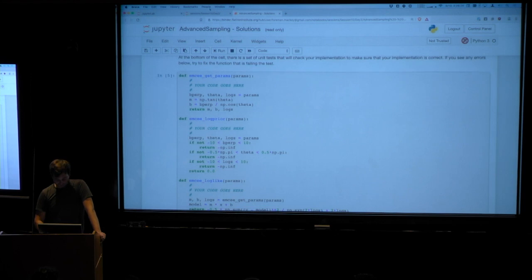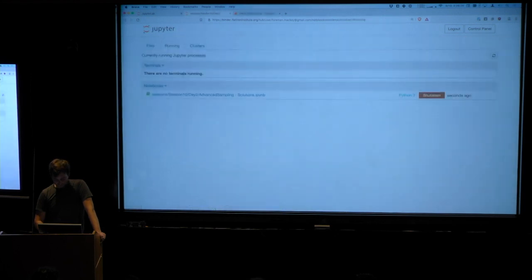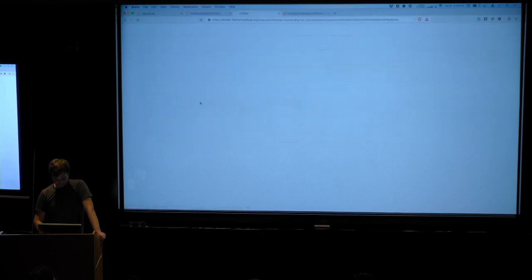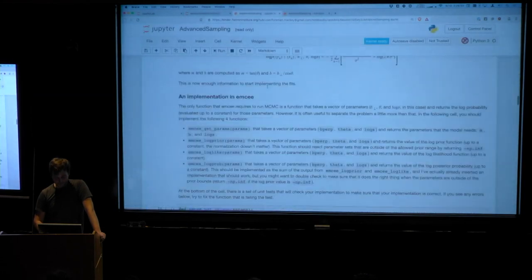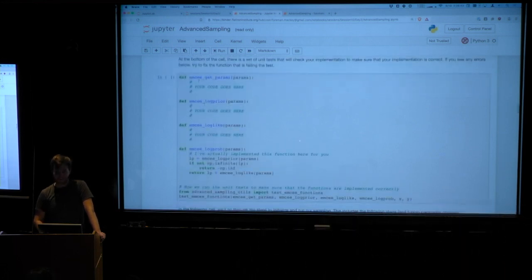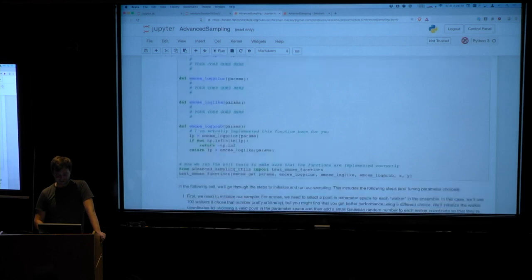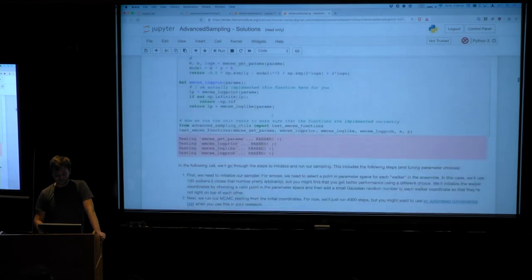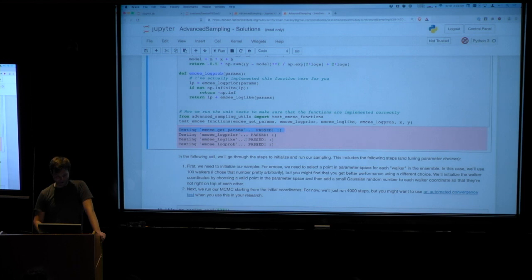That one was the solutions, but in the non-solution version, I have these functions defined right here with "your code goes here", and you're going to write the code that is explained above inside of that function, and below it, there's a unit test. When you correctly implement everything, it will say that it passed, and it'll give you a smiley face, and then you know that it's safe to continue.